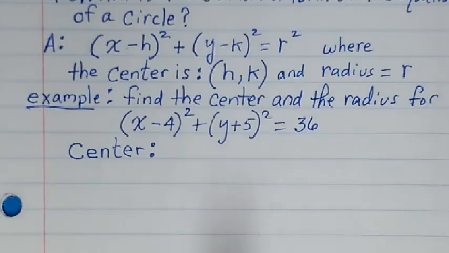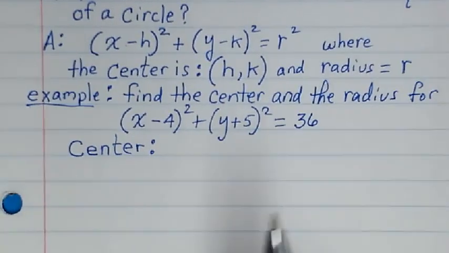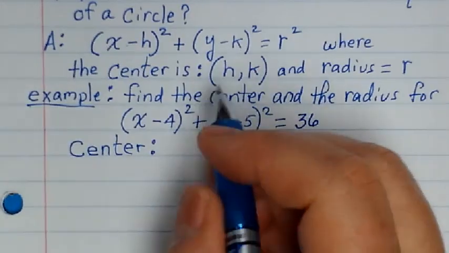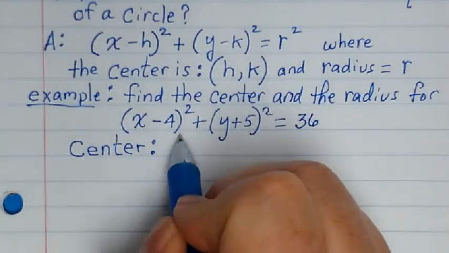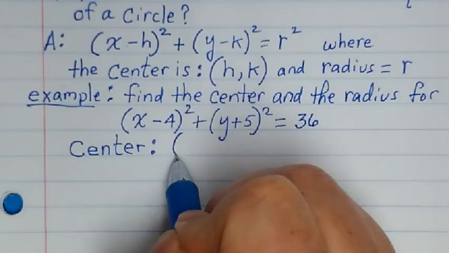A coordinate has two components to it, an x and a y, for the x-axis and the y-axis. Do you remember that? Well, to find the center, I'm really asking you to find a coordinate.